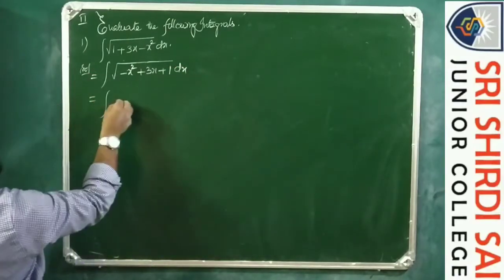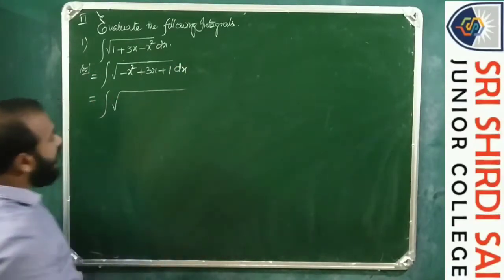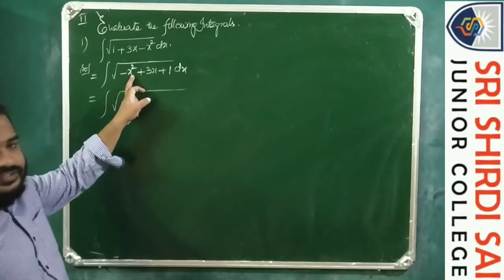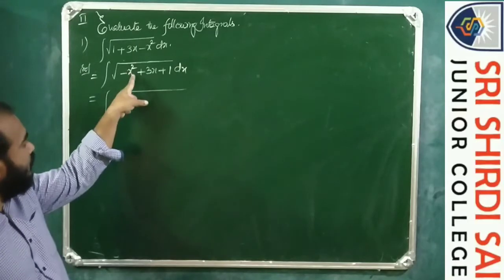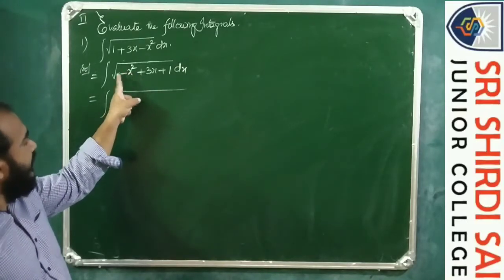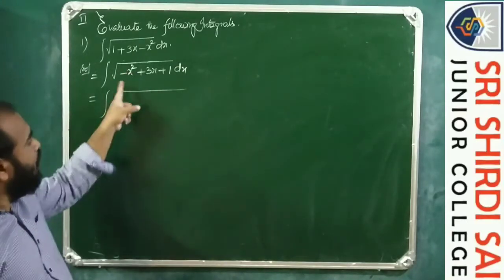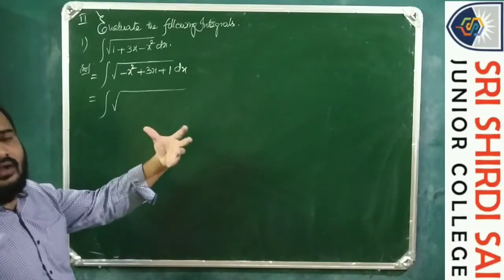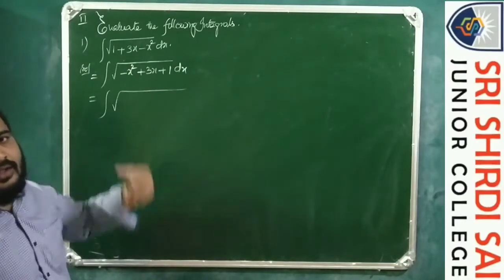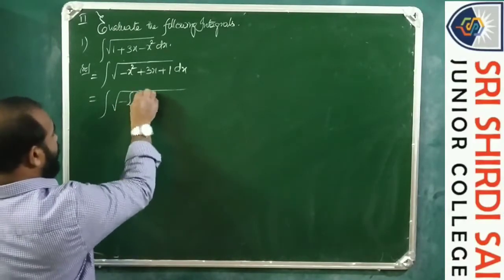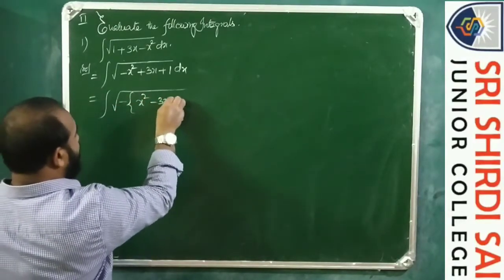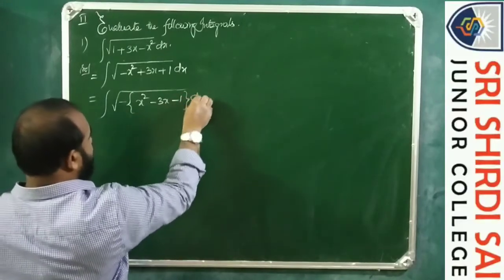This is equal to the square root of, here the x square coefficient is 1, so we need not take it as a common factor, but the x square sign is negative, so take minus as common, then the x square sign will automatically become positive. So minus you take common, then x square minus 3x minus 1 whole, dx.